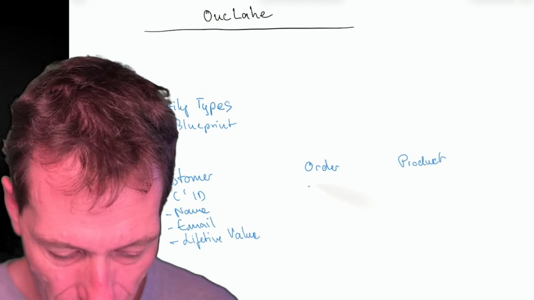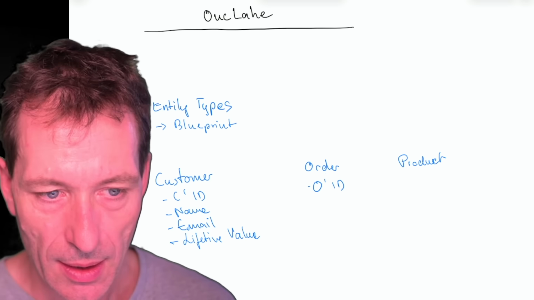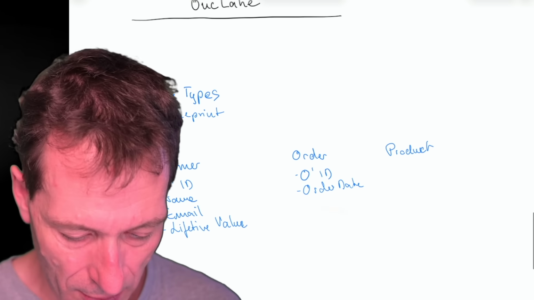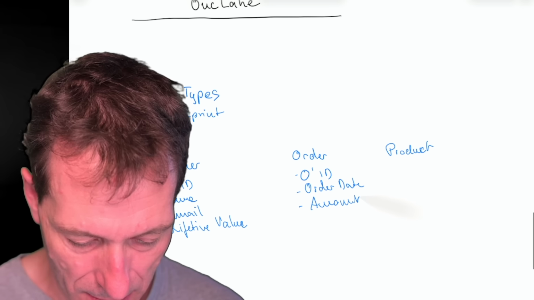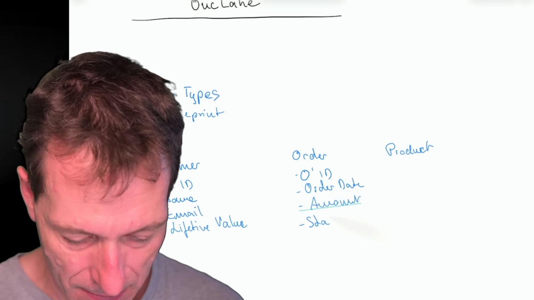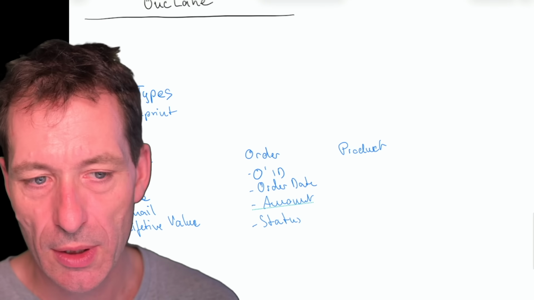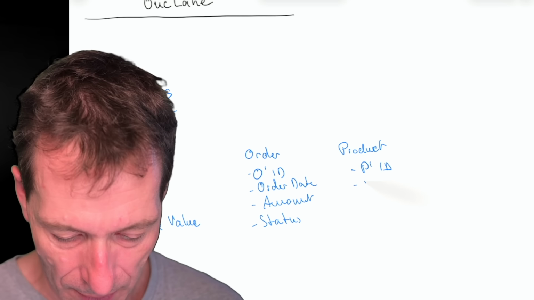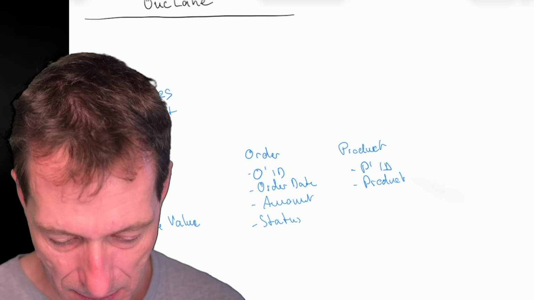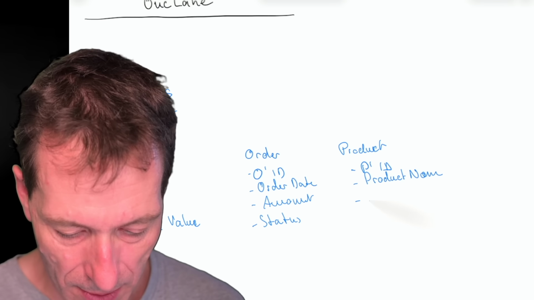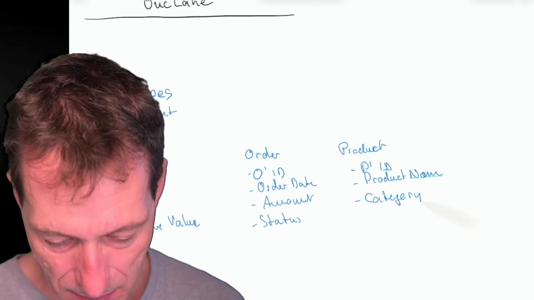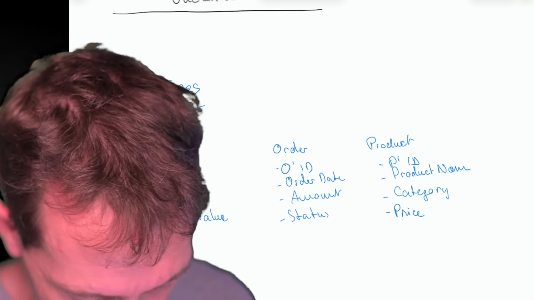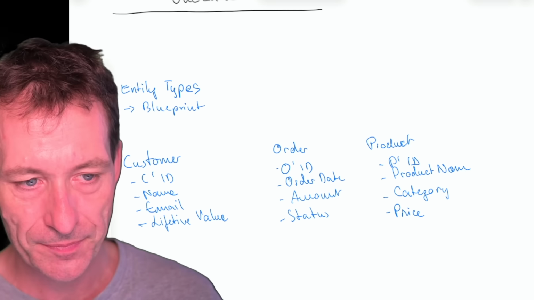Regarding the order, you will for sure have an order ID, an order date, an amount, and a status. And regarding the product, of course, you will have a product ID, most likely a product name, a category, and a price.